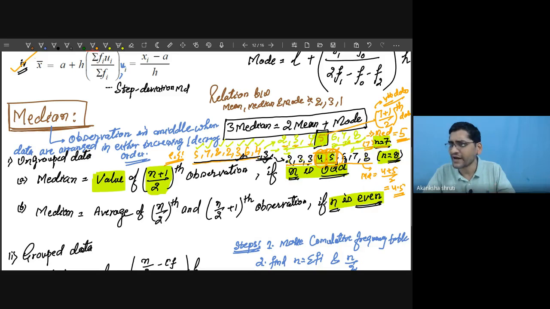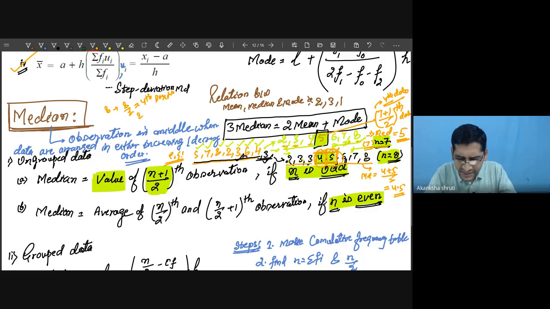From 2 is the first, 3 is second, another 3 is third, and 4 is at the fourth position. So how are the fourth and fifth positions obtained? If it is even, say 8, then first you divide this 8 by 2, you get the fourth position.